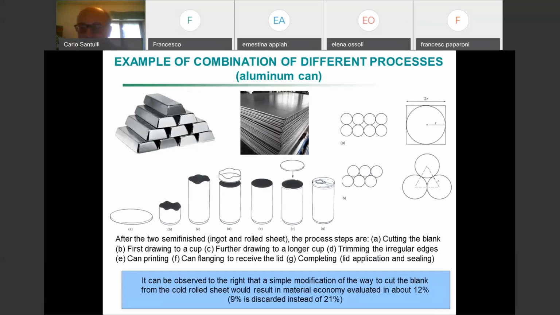With aluminum, it's worse because it's much more expensive than paper, and so they found out that by cutting along the diagonal, along an angle, you are able to lose only 12% of the material, which is enough already.